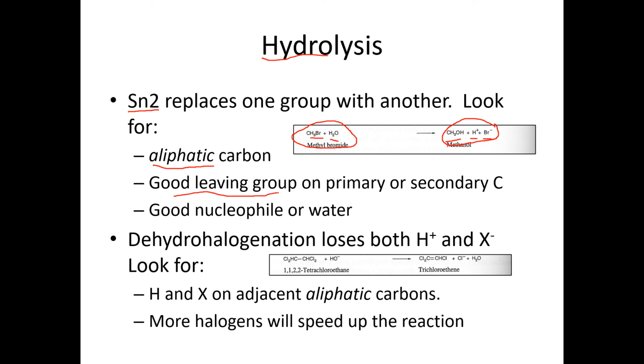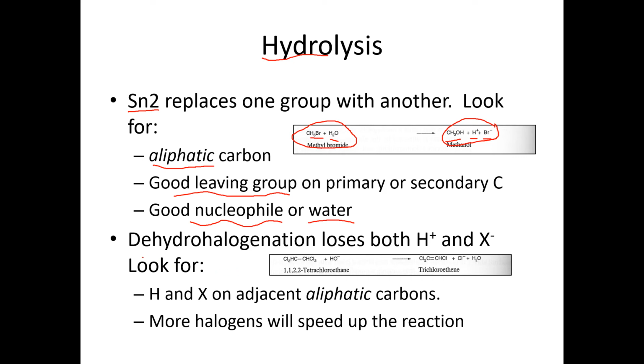We talked about which ones are the best leaving groups. Typically, you want these to be on a primary or a secondary carbon if it's an SN2 reaction. And you need some sort of nucleophile. Water or hydroxide is a reasonably good nucleophile. And there are other nucleophiles that might be important, like reduced sulfur species and things like that. But mostly for our purposes, we're thinking about water as the nucleophile.